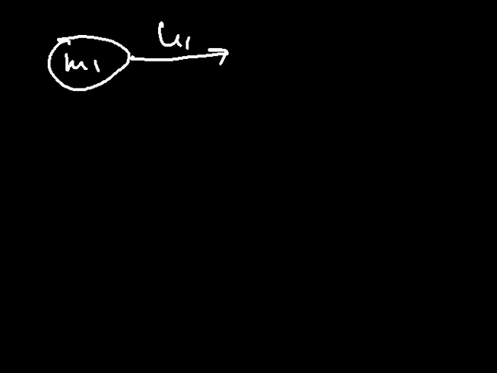Let's say we have another object of mass m2, going towards this direction, with initial velocity given as u2.